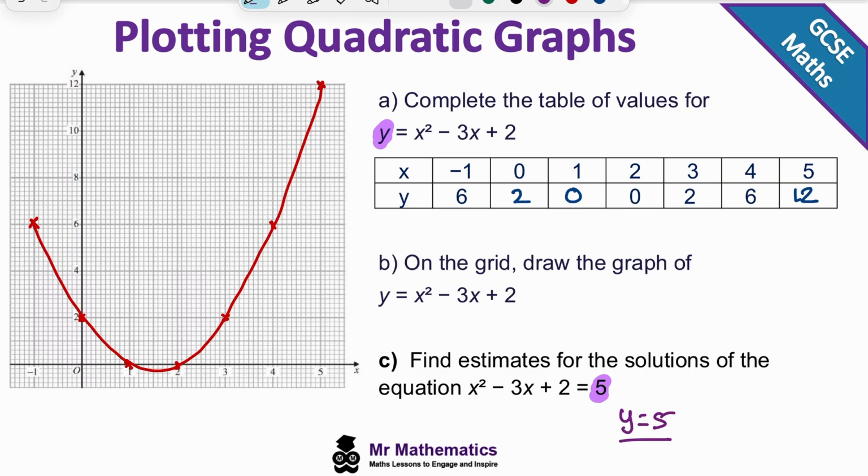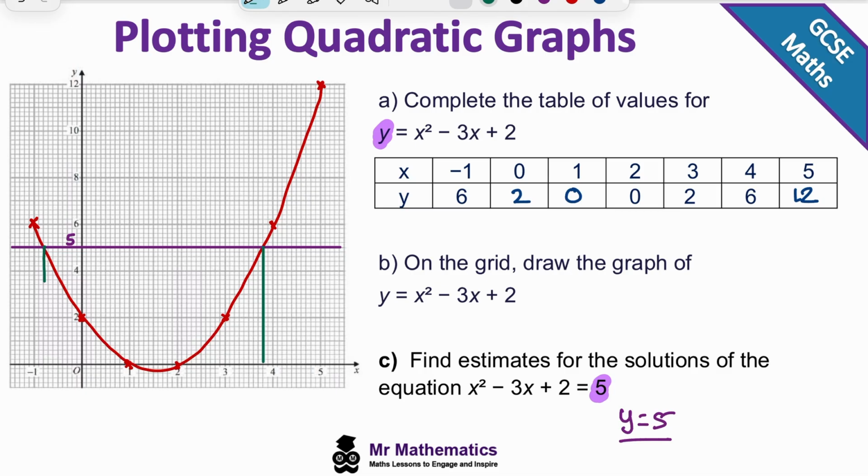So all we need to do is to draw the line y equals 5 on the grid. And that'll be a horizontal line here. We can see that y is 5. So the solution to this equation is where the curve intersects the line y equals 5. So that'll be at this point. We'll go down to the axis.